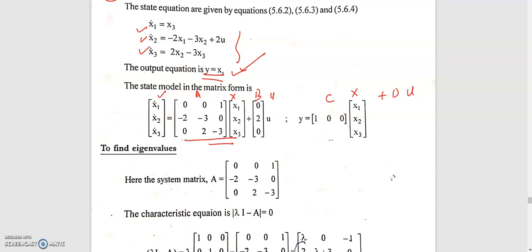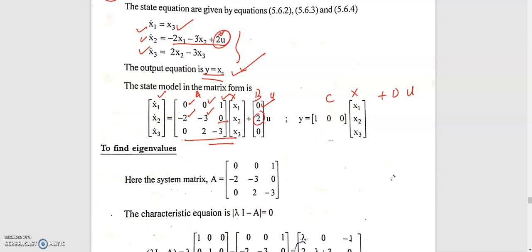So write this in the matrix form. For the first equation, x1 coefficient is 0, x2 coefficient is 0, x3 coefficient is 1 and u coefficient is 0. Then consider the second equation: x1 coefficient is minus 2, x2 coefficient is minus 3, x3 coefficient is not here so it is 0, and u coefficient is 2.